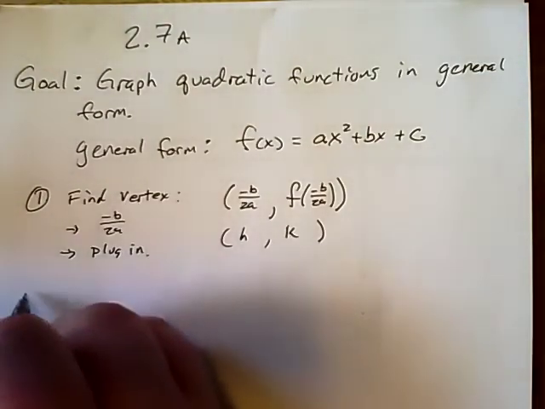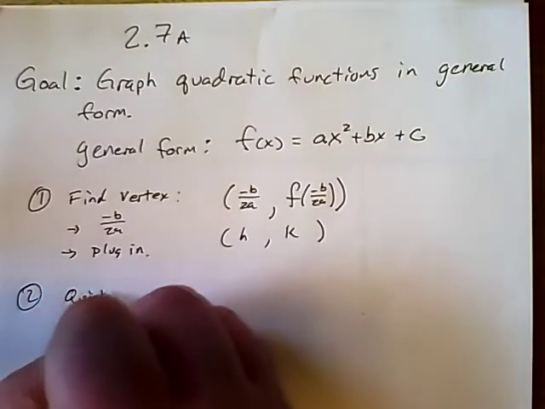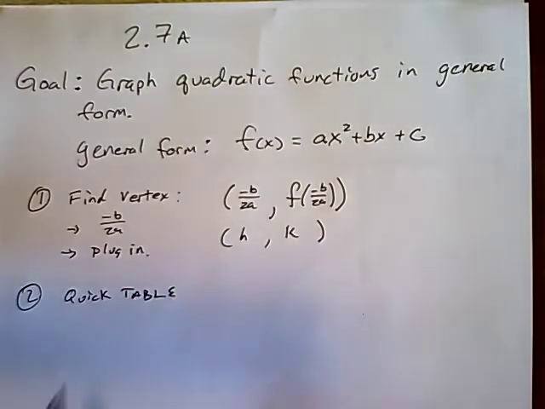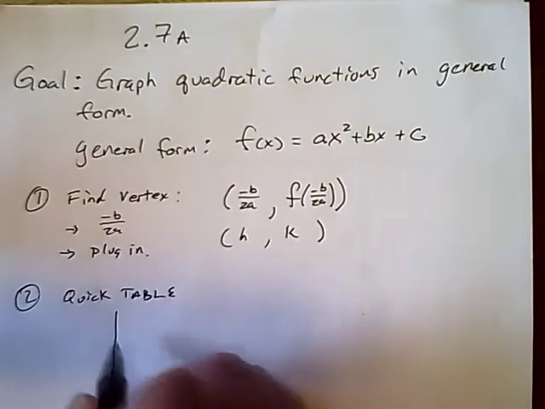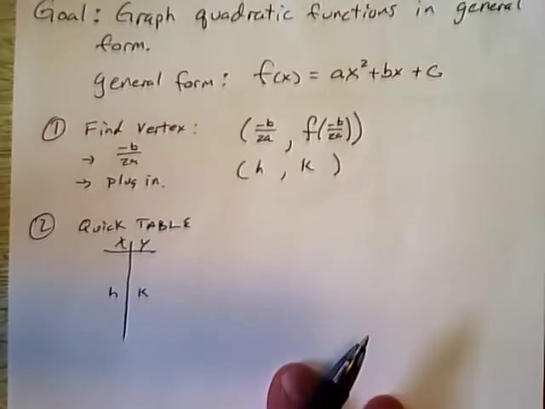Once we get our vertex, we're going to make a table of values. I'm going to call this a quick table. You're going to have an x and a y value, and you're going to have your vertex in the middle.